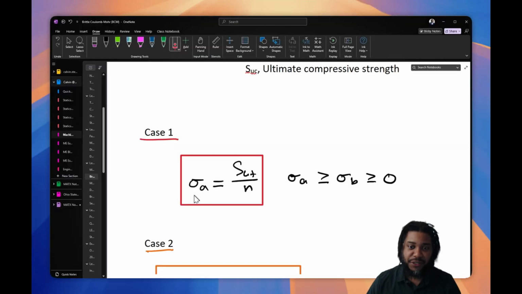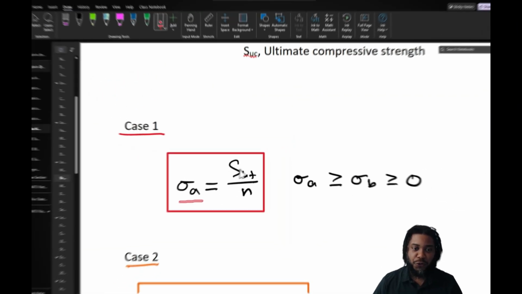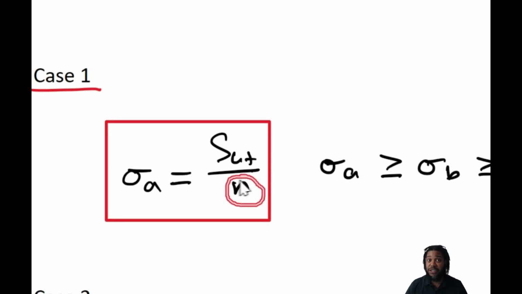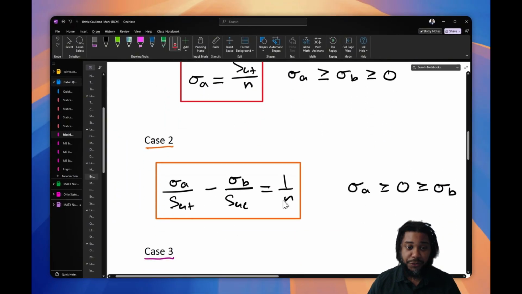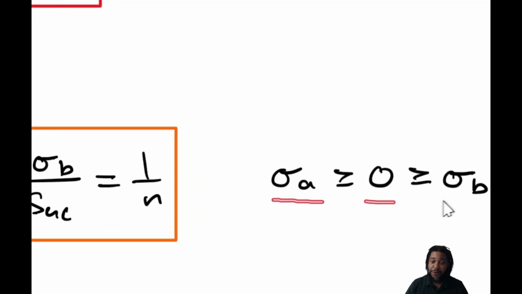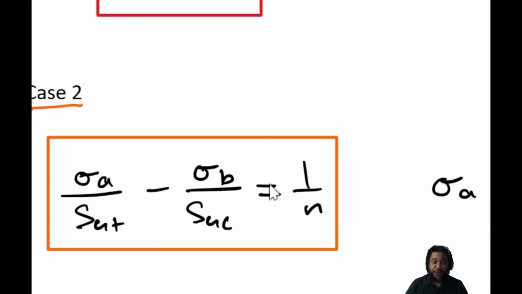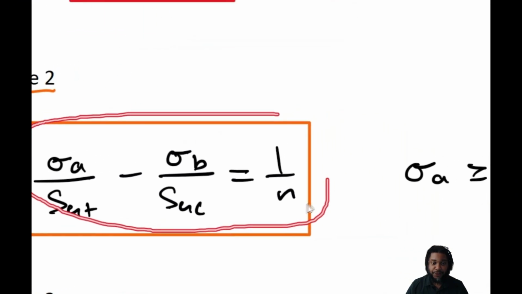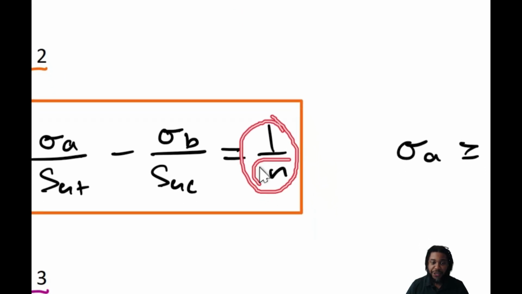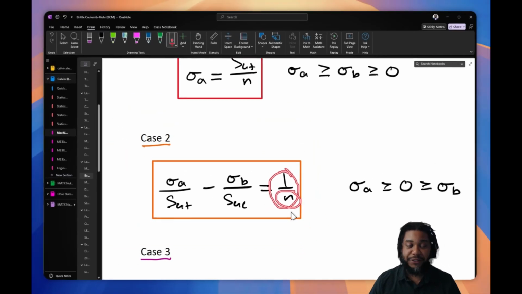In that case, sigma A is equal to SUT over N, where N is our safety factor. Case 2, if sigma A is greater than 0 and 0 is greater than sigma B, then we get our classic form of the equation. And on the right-hand side, we'll say 1 over N, again, where N is our safety factor.